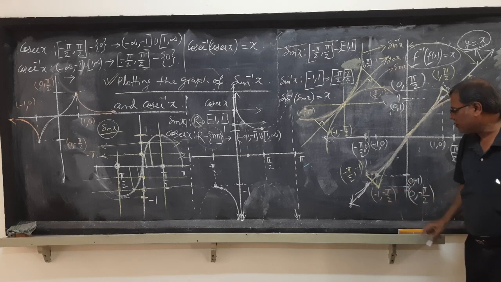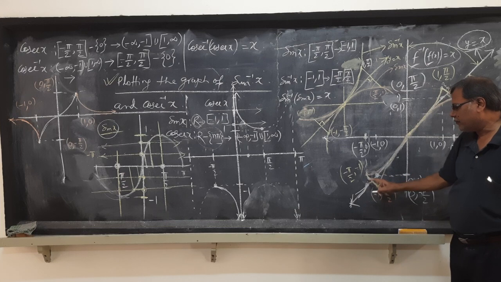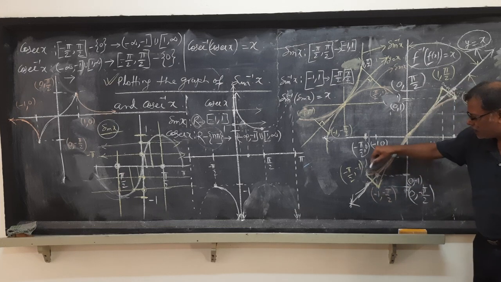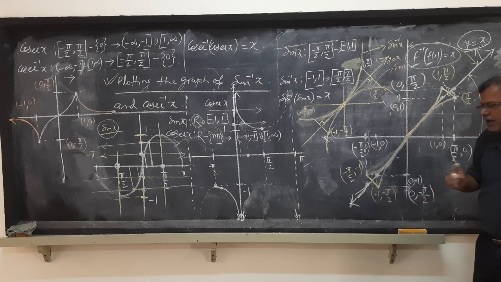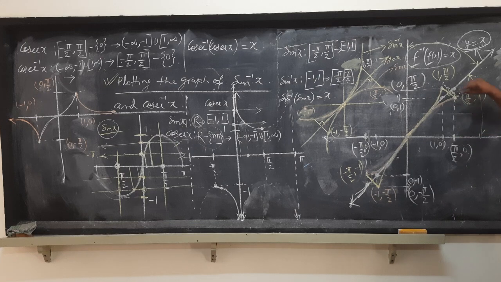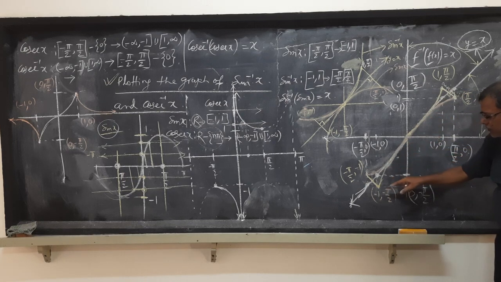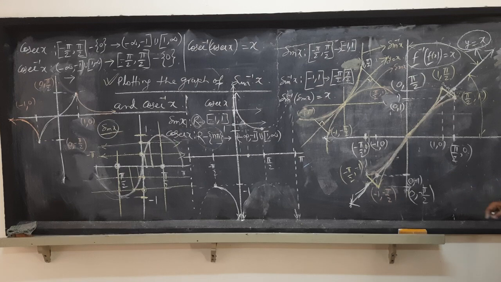Similarly, if this point is representing minus pi by 2 comma minus 1, then if we reverse it, it will become minus 1 comma minus pi by 2. This length will be equal to this length, as was this length equal to this length. So this one is the sin inverse x and this one is your sin x. I hope the point is clear till this point. Okay?